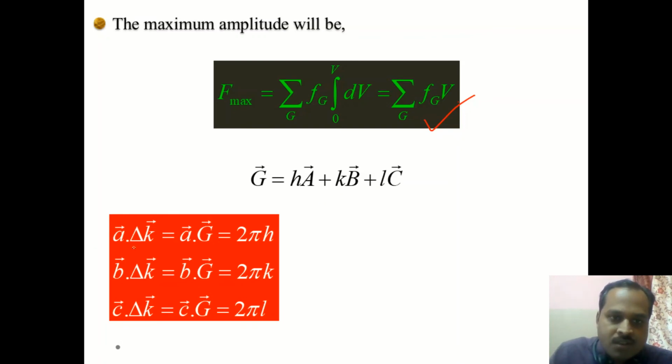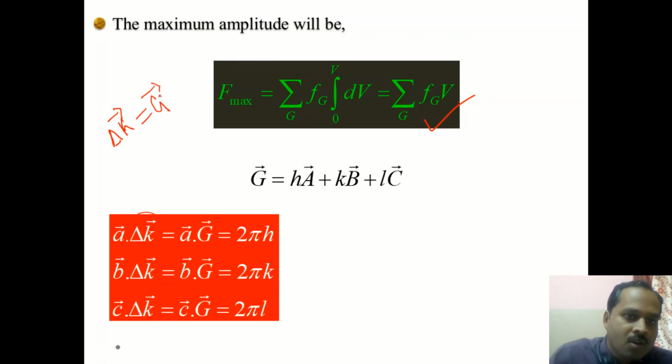Now when we take the dot product of the vectors A, B and C, which are defined in the real space, with this change in the wave vector due to scattering, that is A dot del k will be equal to A dot G, since del k is equal to G. For maxima, del k is equal to the vector G.